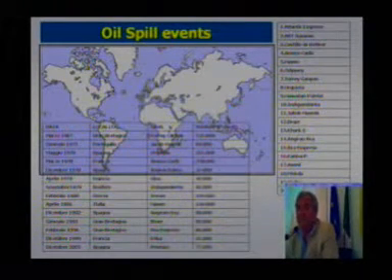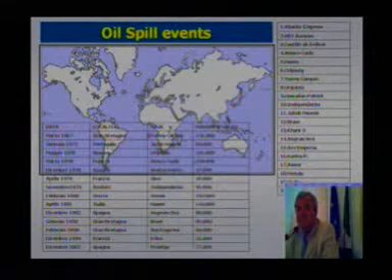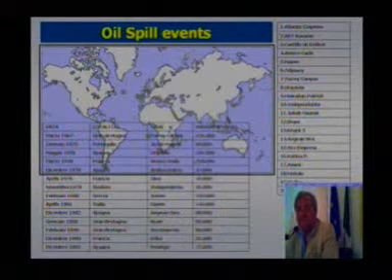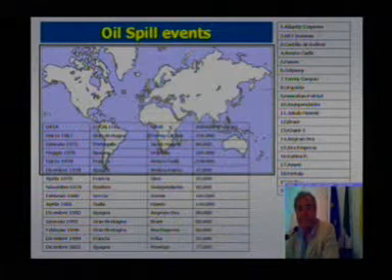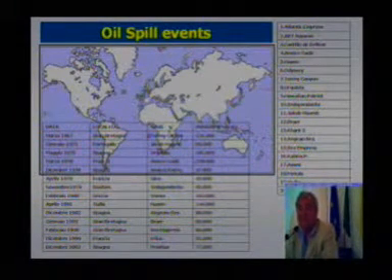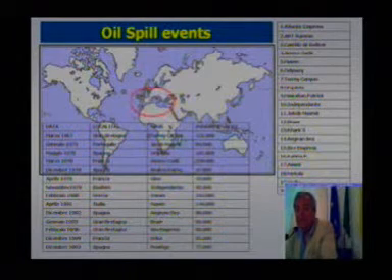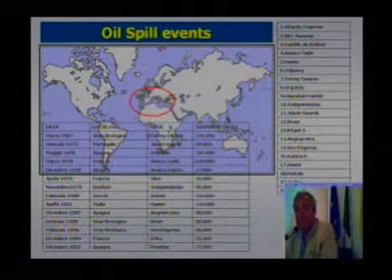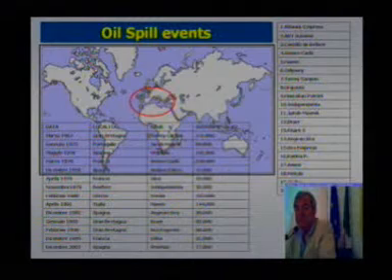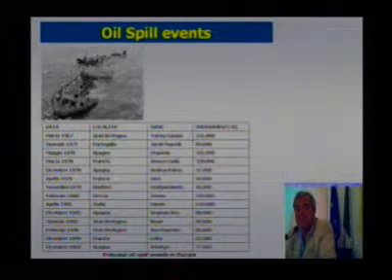Here on this slide, we can see some oil spill events that happened from March 1965 to December 2002. And there we also have a heavy concentration in the area of the Mediterranean Sea.